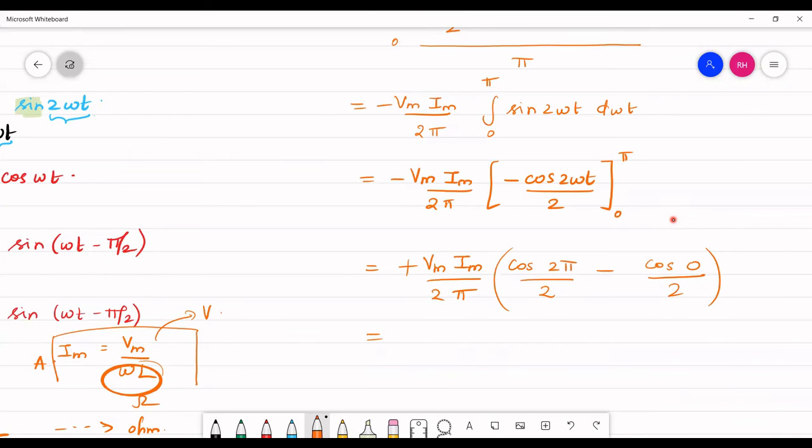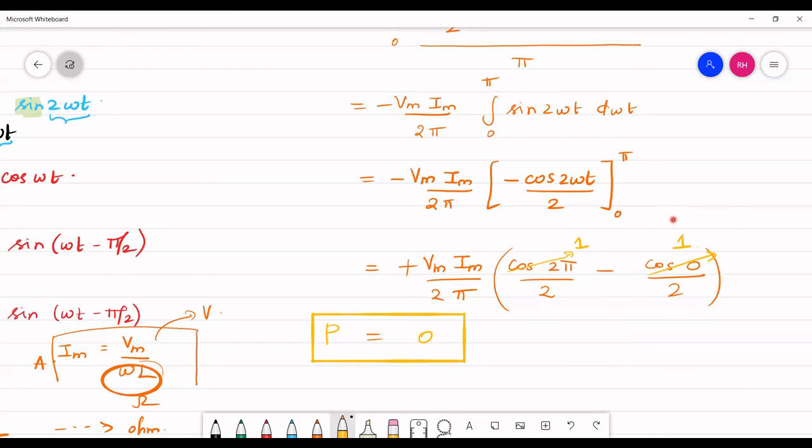And we know cos 2 pi is 1. Cos 0 is also 1. So 1 by 2 minus 1 by 2, and hence it is 0. That is, average power in a pure inductor is 0.